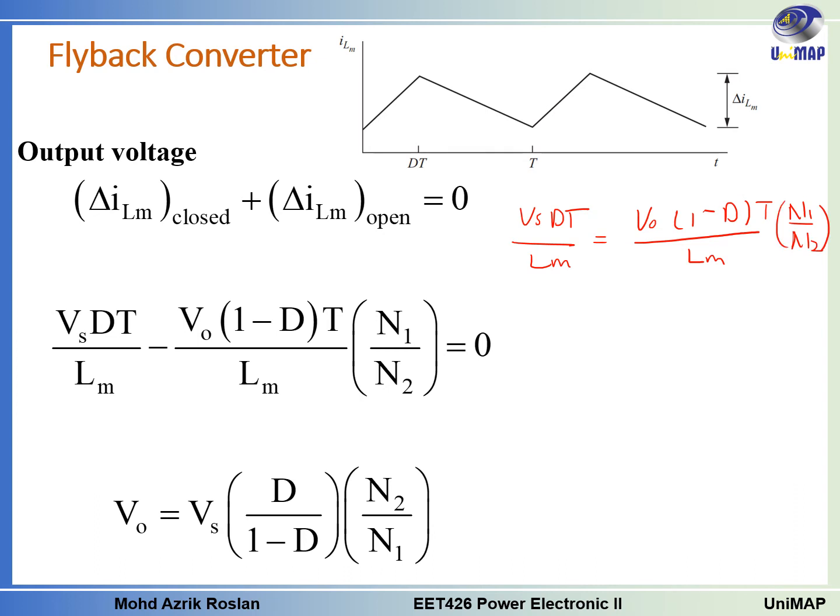Here we can cancel out the T. So if we want to solve for V out, it equals Vs d, and the 1 minus d you bring to this side. And then N1 over N2 you bring to the other side, it will become N2 over N1. So that's why you get this equation. V out equals Vs d over 1 minus d multiplied by N2 over N1.